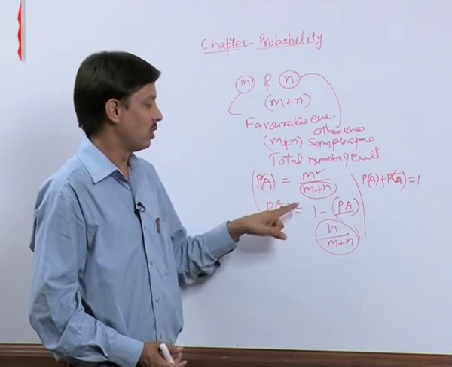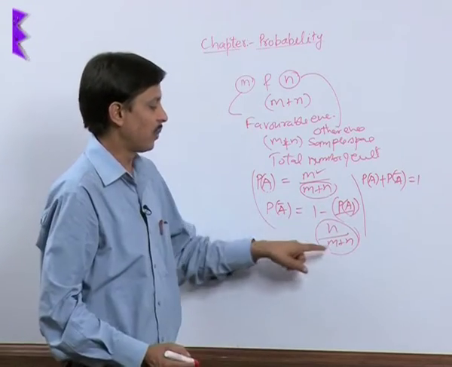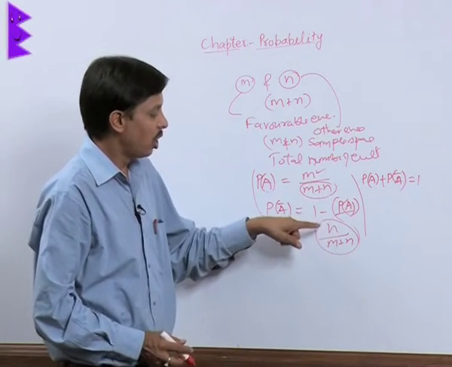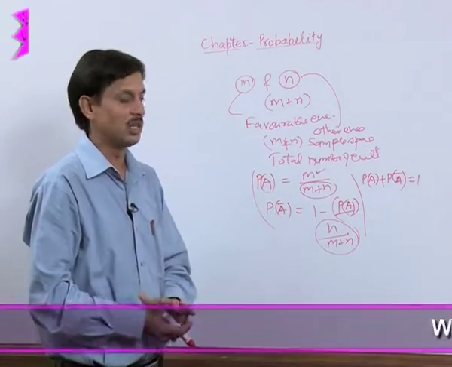And P of A naught equals 1 minus probability of happening, that is n upon m plus n, or chances of non-happening, non-favorable upon total chances.